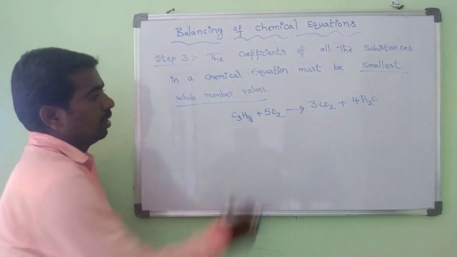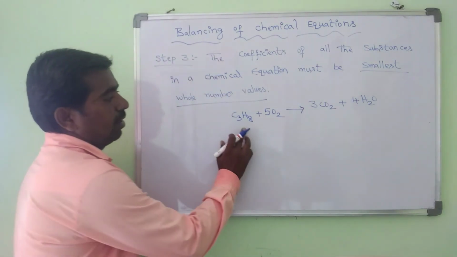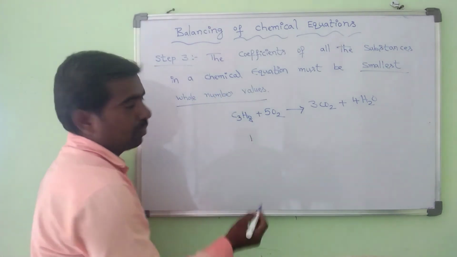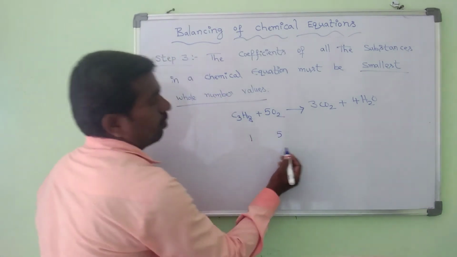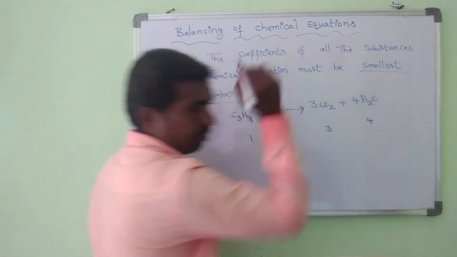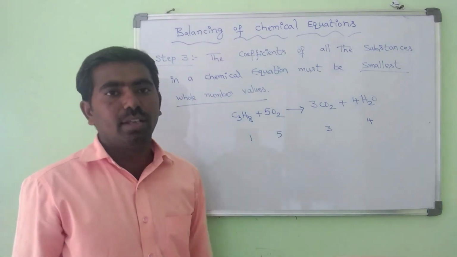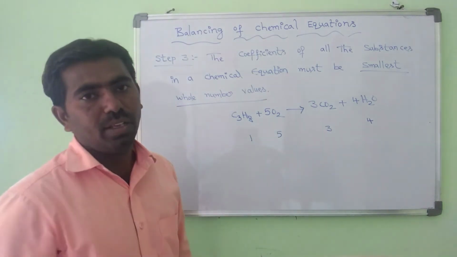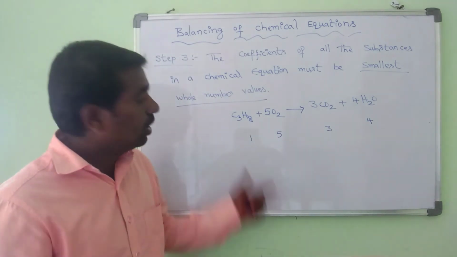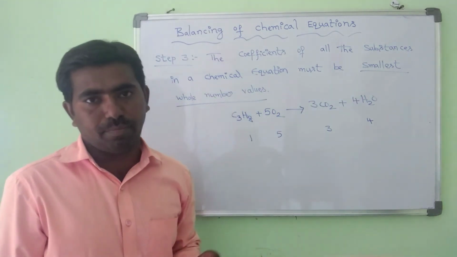Here these are the reactants and these are the products. C3H8 has a coefficient 1, O2 has a coefficient 5, CO2 coefficient is 3 and H2O coefficient is 4. Each and every coefficient is the smallest whole number. In this equation, there is no need to reduce these coefficients.